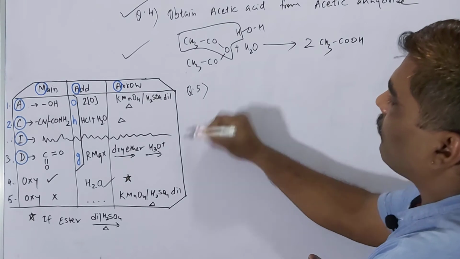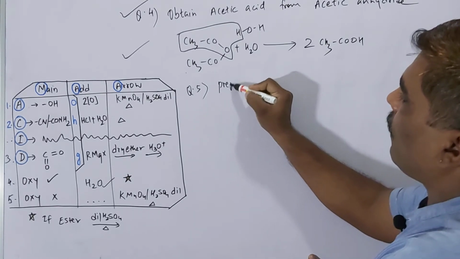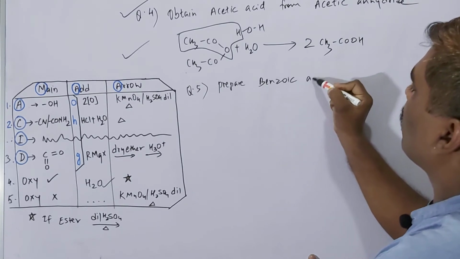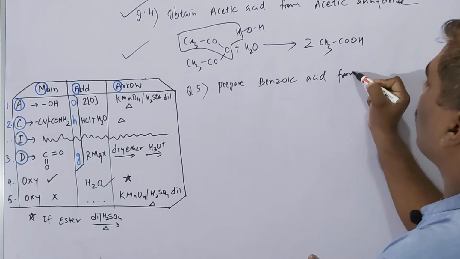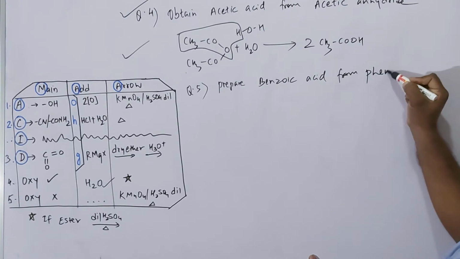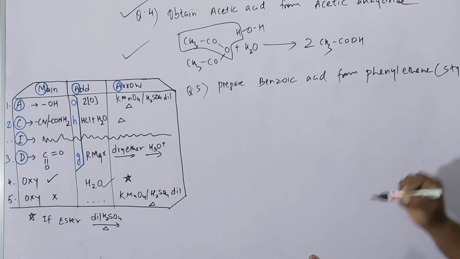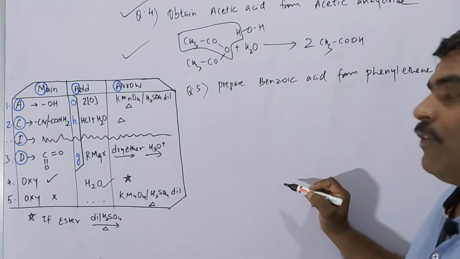Number 5. If we want to prepare benzoic acid from phenylethene, that is styrene. Okay, for this question what will we do?